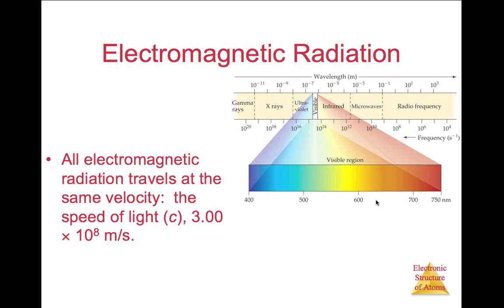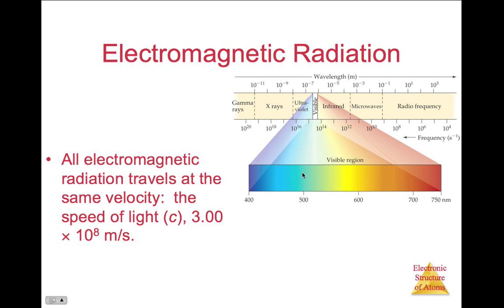Now, because electromagnetic radiation carries energy through space, it is also known as radiant energy, and there are many types of this radiation in addition to visible light. You can see right here there's a small portion that is actually called the visible region: red, orange, yellow, green, blue, indigo, and violet. The rainbow of colors that we normally see.